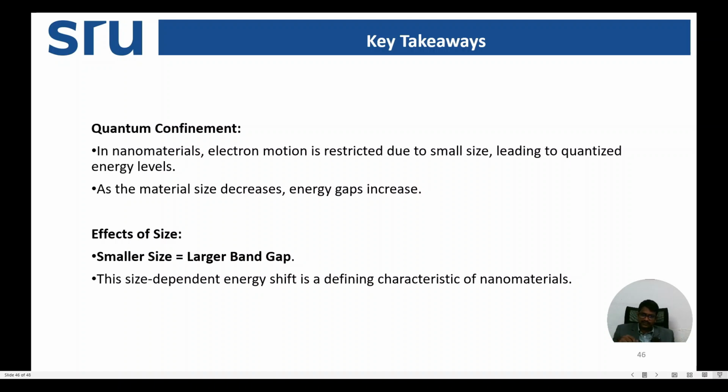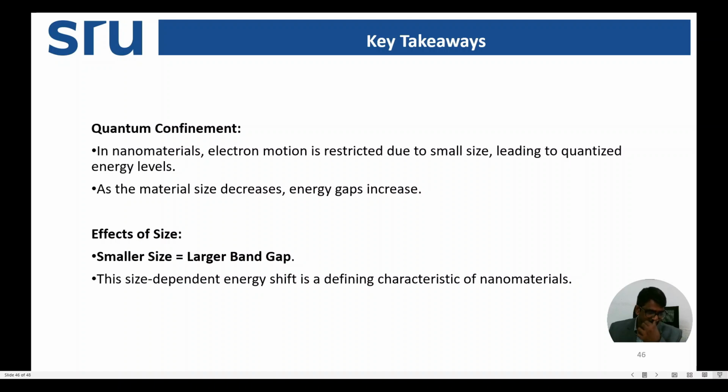In these three lectures, we have discussed what nano size and nanoscale are, what the difference is between bulk materials and nanomaterials, and how we can make nanomaterials by the top-down approach and bottom-up approach. We also discussed how nanotechnology or nanoscience comes into picture due to small size.